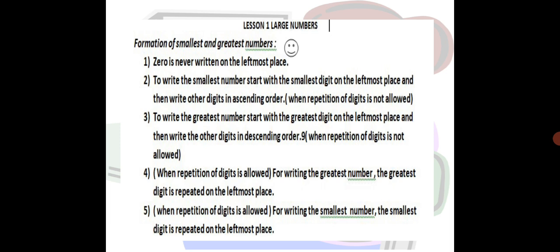Zero is never written in the leftmost place. So, when we form any number, what to remember? Zero is never written in the leftmost place. To write the smallest number, start with the smallest digit in the leftmost place and then write the other digits in ascending order, that means smaller to bigger, but never put 0 in the leftmost place.